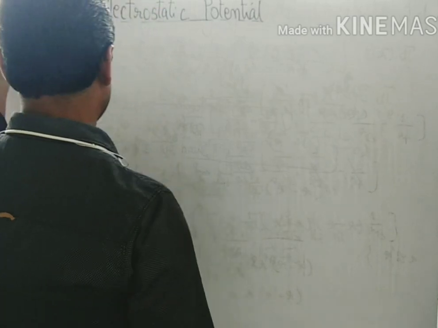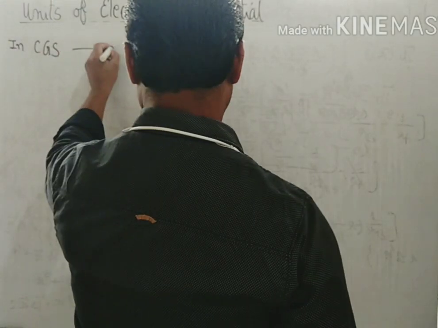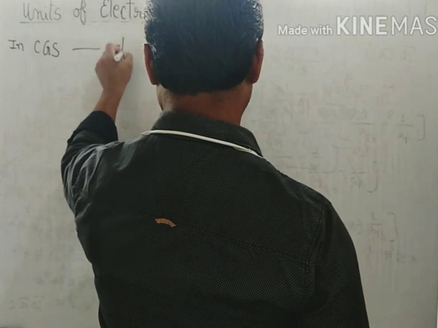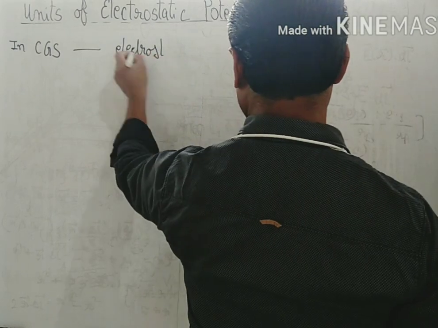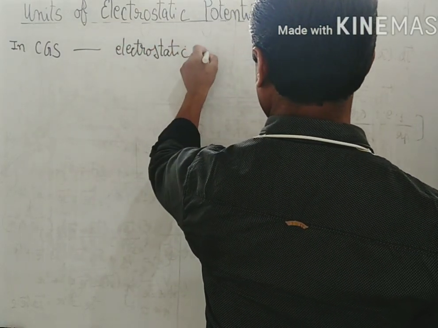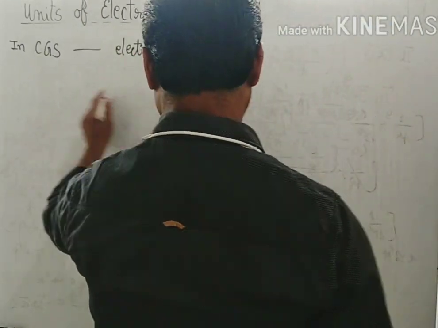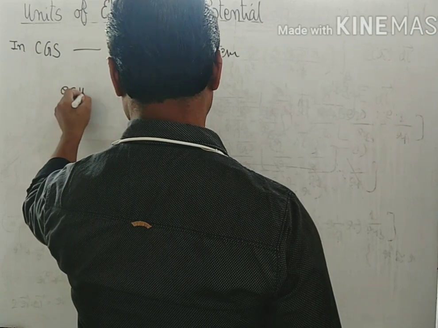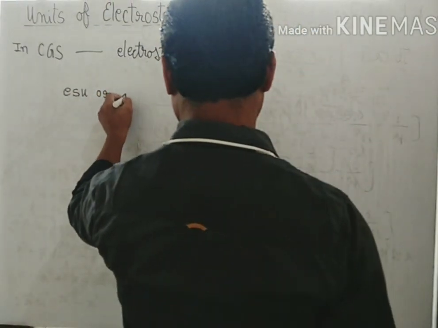So in CGS, electrostatic system, we have its unit to be ESU or stat volt.